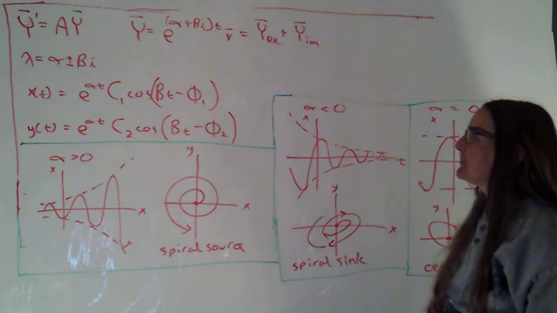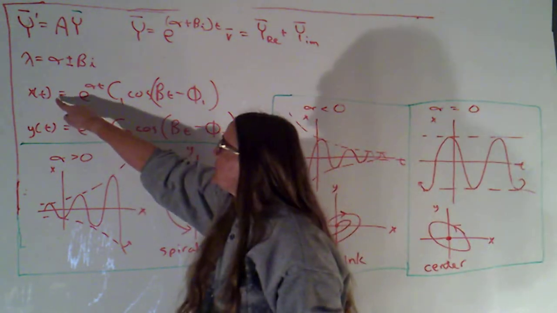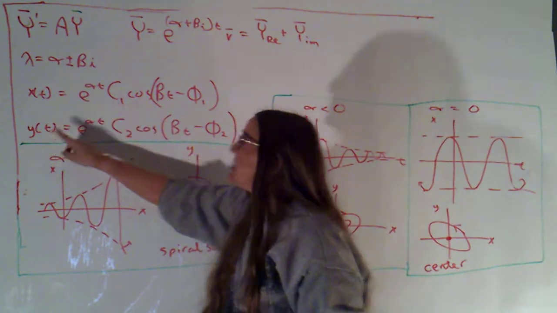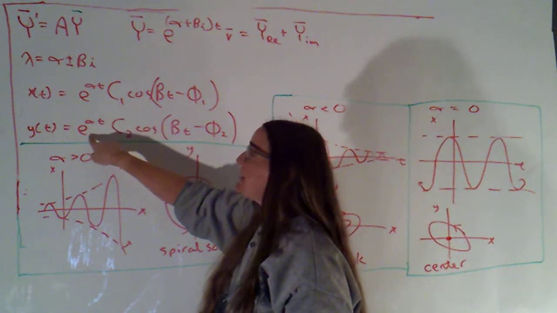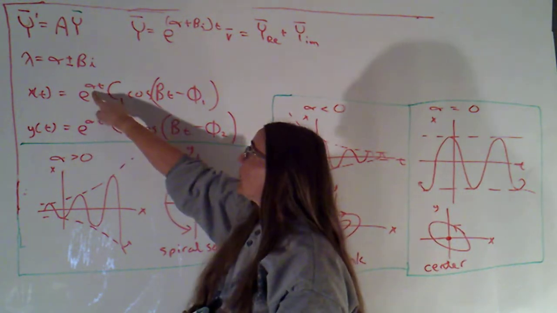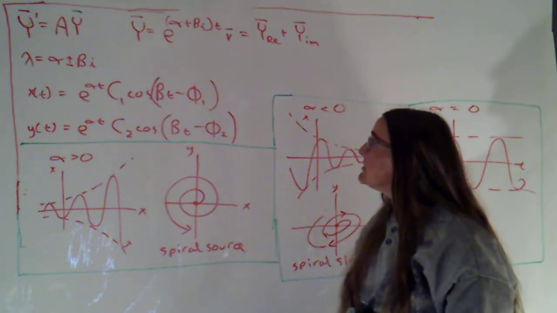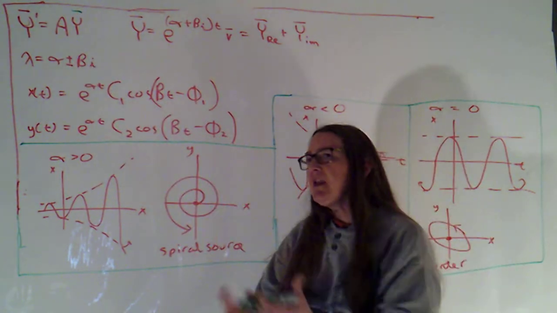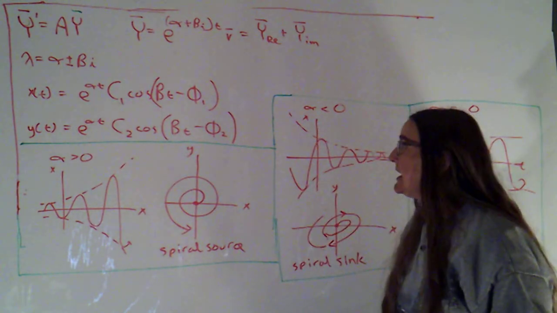Now, what we saw in the last video is that this means that the solutions x and y as functions of t were both going to have this form. They were going to be e to the alpha t, which shows up in both of them, where alpha, remember, is the real part of our complex eigenvalues. And then each was going to be some combination of sines and cosines of beta t.